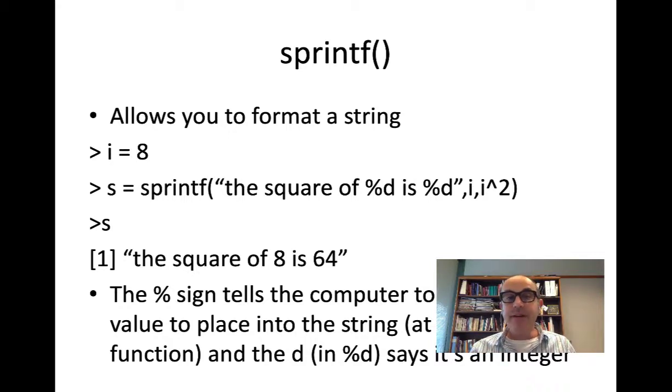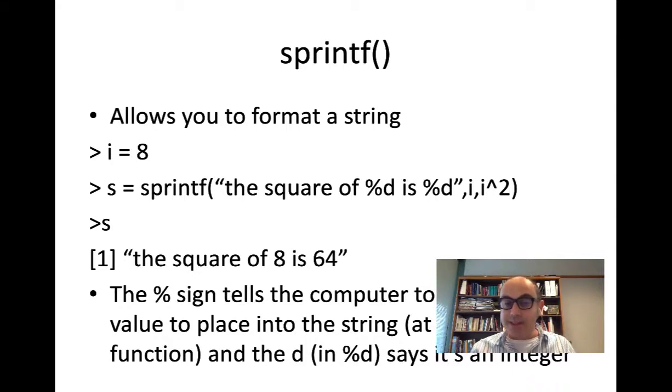Sprintf allows us to format the string, which means that in this case I establish i equal 8, and the s is the string, the sequence of percent %d, and in this case I'm going to apply that in order for us to do that.